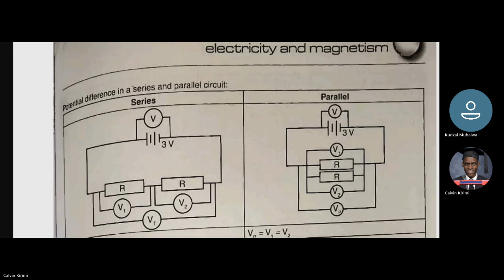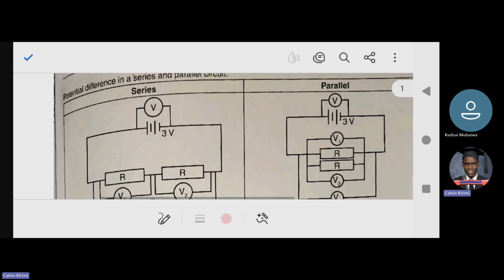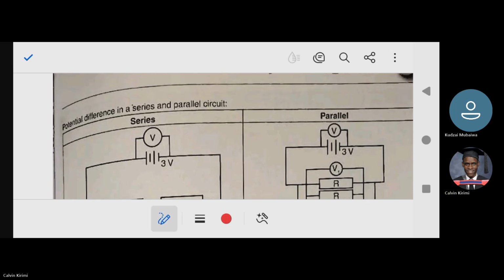The voltmeter. What does a voltmeter measure? The potential difference. Another word for potential difference is what?